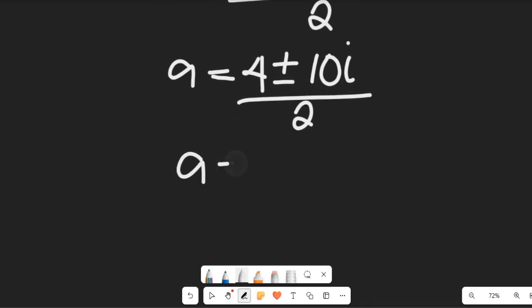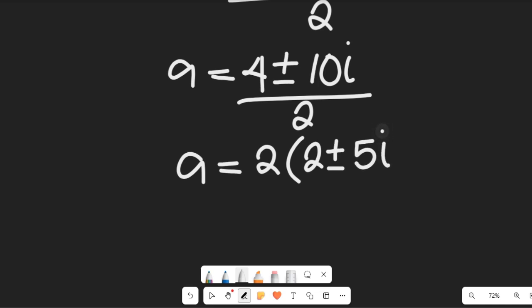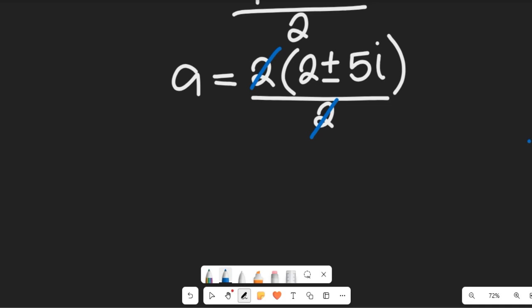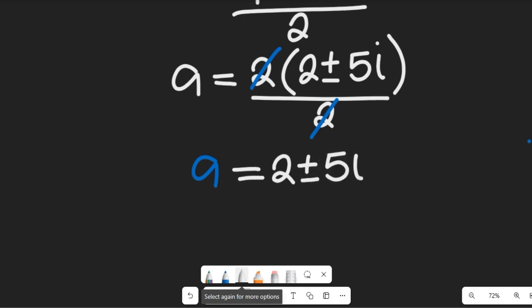Looking at what is common, we'll have this to be common, and this will give us 2 plus or minus 5, divided by 2. Why? 2 cancels out 2. Then the value of our a will now be equal to 2 plus or minus 5 what? j.